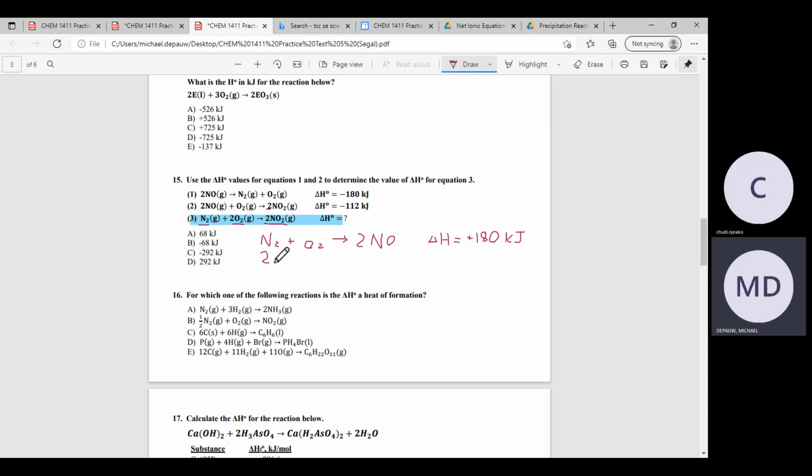So I have exactly what I need here. I don't need to multiply it or flip it. So I have 2 NOs plus O2 goes to form 2 NO2. And the delta H, because I haven't had to change the equation, is just going to be the same as it was before, which is negative 112.